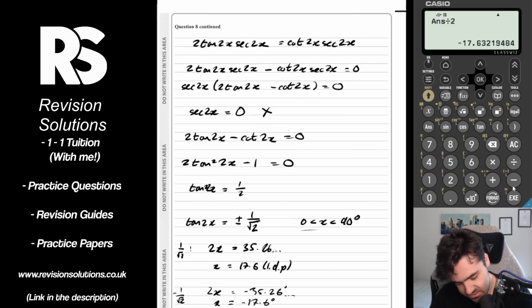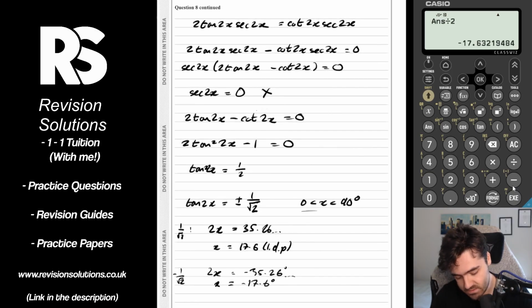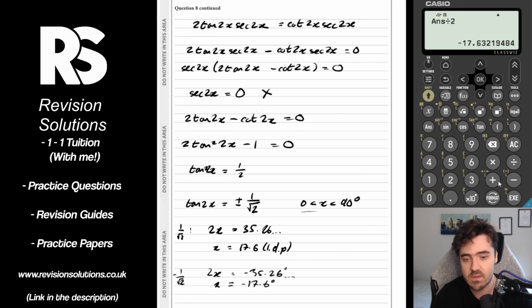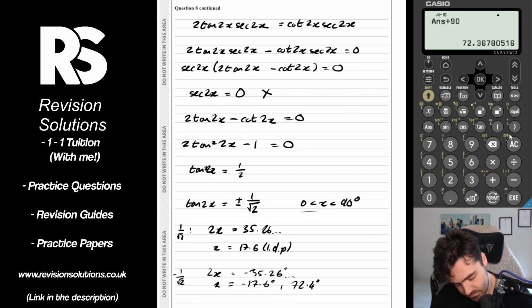But that's not actually a solution in our interval. But then we remember what I said, we can add and subtract 90 from the tan 2x graph and still get another solution. So if we add 90 once, that's going to bring us into the range we're looking for. So the solution we actually want is 72.4 to 1 decimal place. And then I'll just cross this one out so we know we don't want to include it. And that's it.